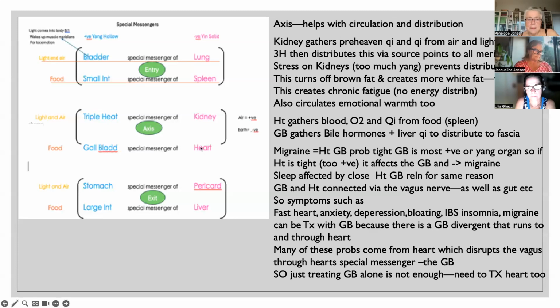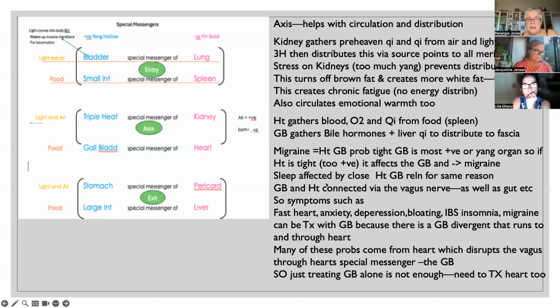So it backs up, and that's what causes a migraine. So if you want to treat a migraine, you can treat the gallbladder, but if you treat the heart as well, that is even better. This is where these special messengers become very practical.